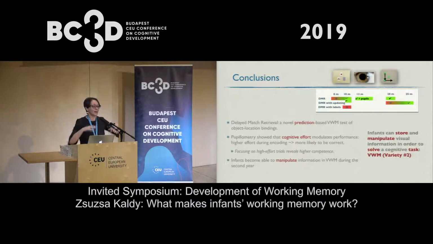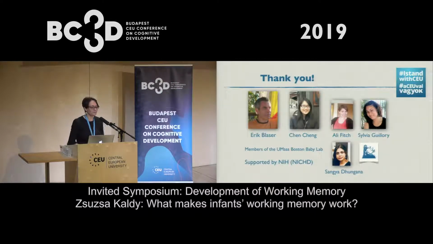In other words, I hope I could convince you that infants have what I call variety number 2, visual working memory variety number 2, that involves storing and manipulation of information in service of solving a task. Thank you very much.